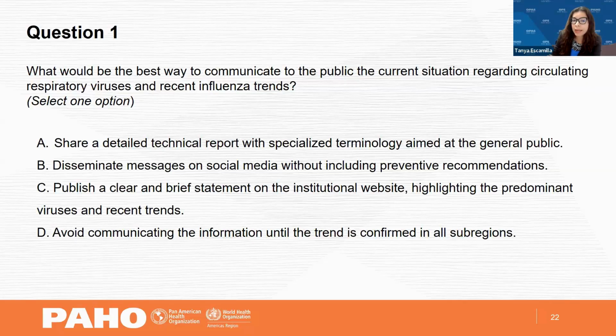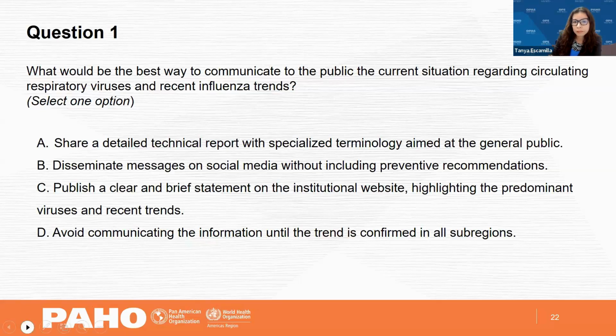And that could be the most suitable response in this scenario, because if we share this with the population but we don't share the responses, we are falling short. And if we report a technical document, we know that most people are not going to be able to understand. So the technical information needs to have such adaptation for the general public.